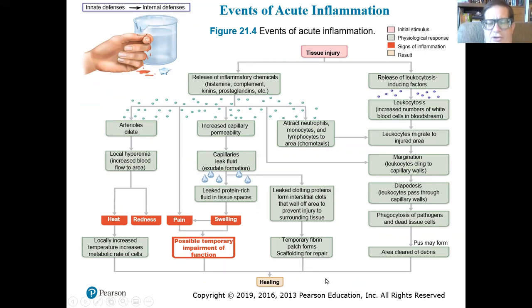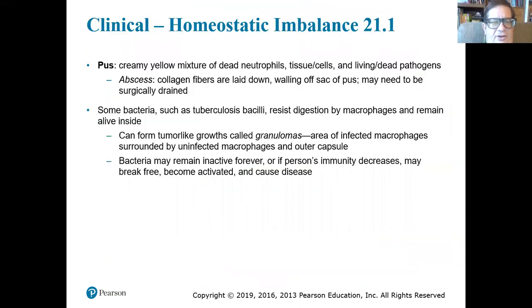This is a good chart if the things we said are going too fast. You can use this to refresh your memory. You can use this to quiz each other. Good method. But we're going to move on, which means we're going to then move into the adaptive defenses.